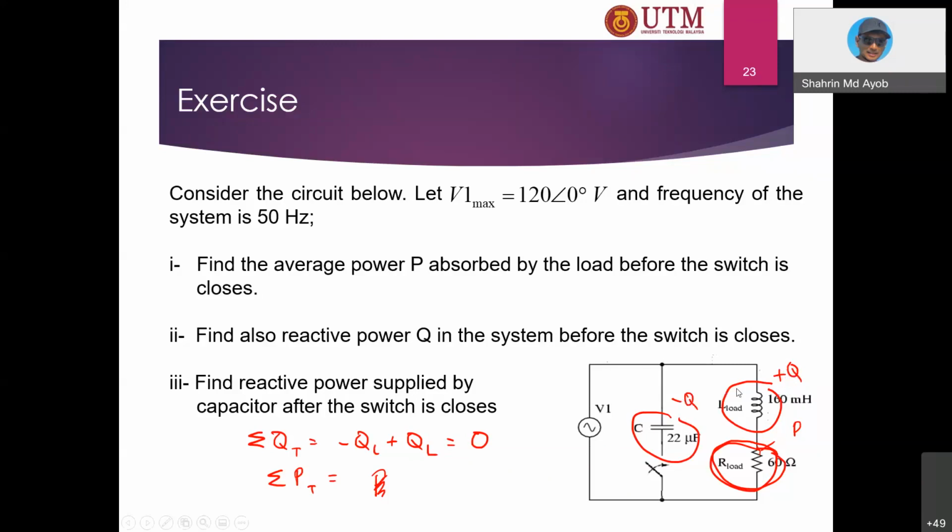By reducing the positive Q with this negative Q, it will reduce the consumption of energy that you take from the TNB. That is what we call the power factor correction.